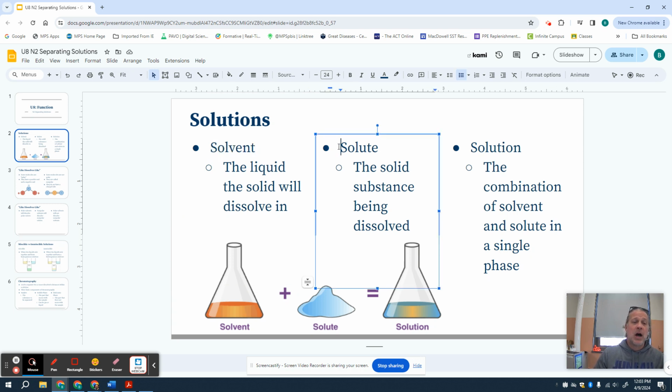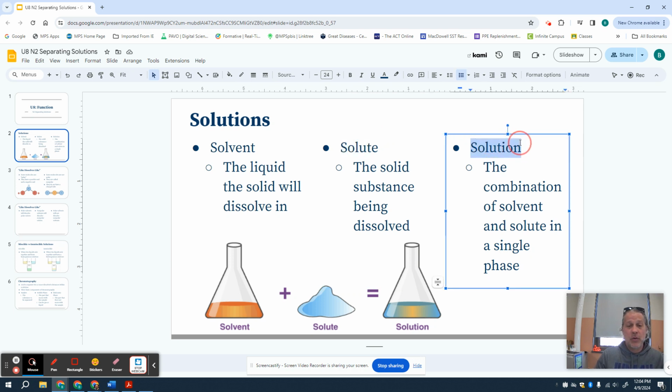The next vocabulary term or part of a solution is the solute. The solute is the solid or the substance that's going to get dissolved. It could be things like table salt, it could be sugar, it could be a gas like carbon dioxide, it could be other substances as well, but it's the thing that's going to get dissolved.